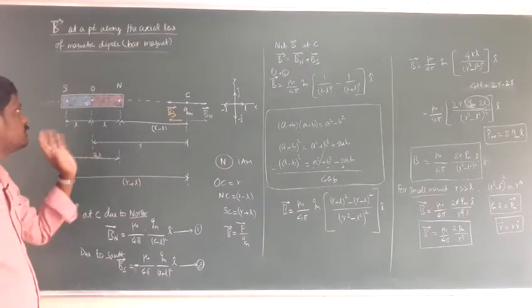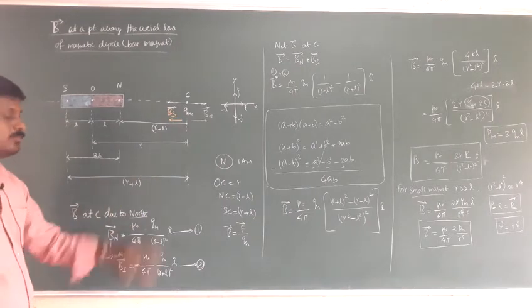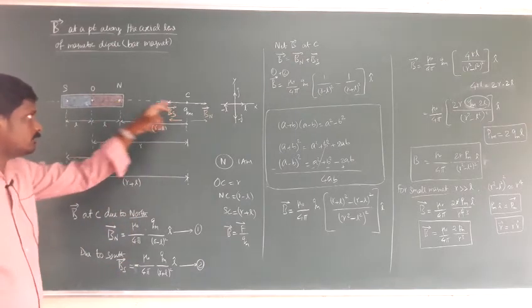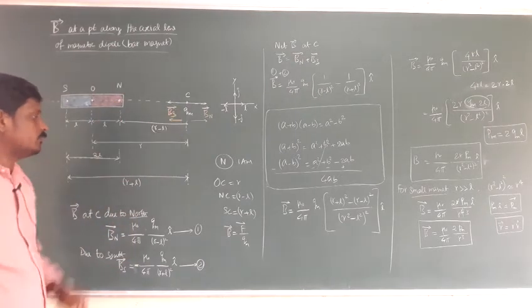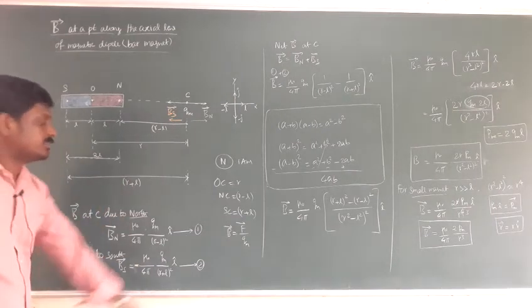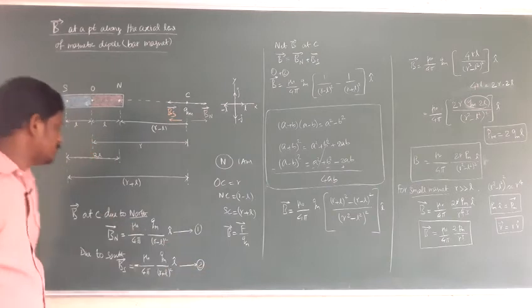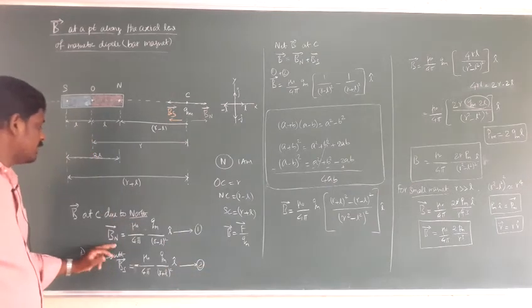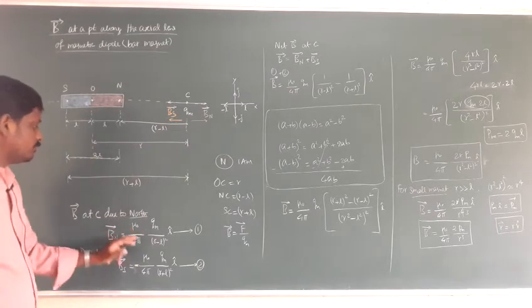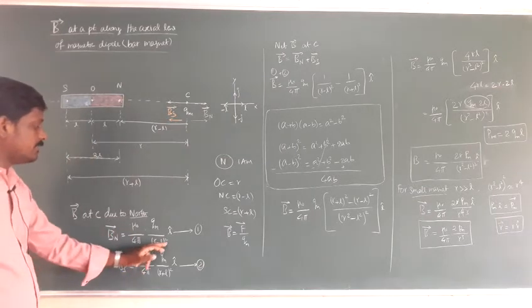R is the distance between the two magnetic poles. Here the distance between the two poles, from the north pole to this north pole, is R minus L whole squared. So one Q is cancelled, because B is equal to F by Q. So the magnetic field due to that north pole is Qm by R minus L whole square.